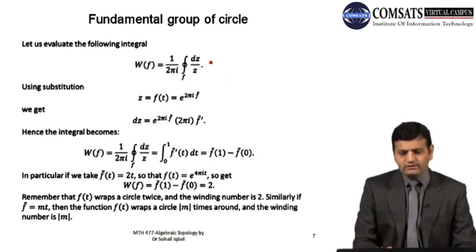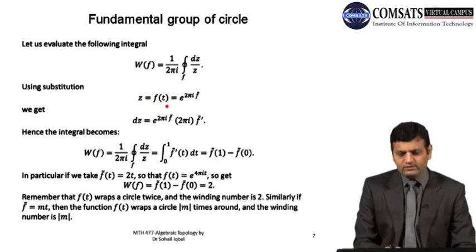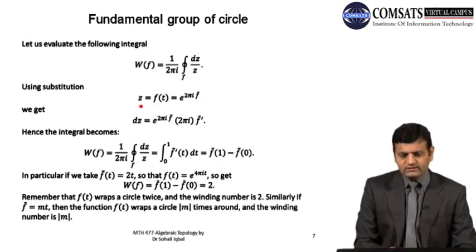Now let's evaluate this integral. We have taken f of t to be e raised to the power 2 pi i f tilde. So what is dz then? dz is equal to e raised to the power 2 pi i f tilde times 2 pi i f tilde prime, because we are using the chain rule.